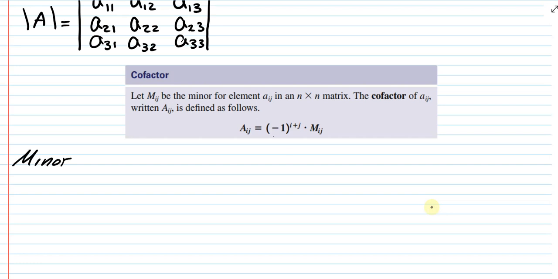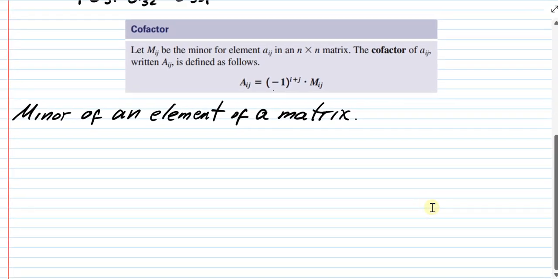Let's talk about the minor of an element of a matrix. And for simplicity, I'm just going to make this matrix, let's say matrix A, a 2 by 2. Suppose this is 3, 4, -1, 5.